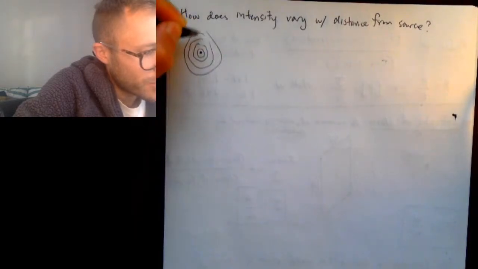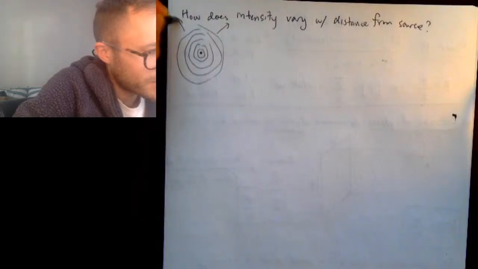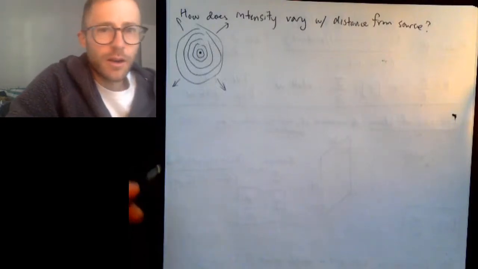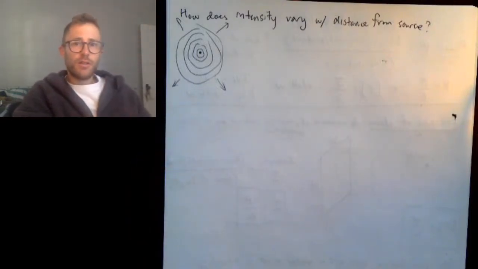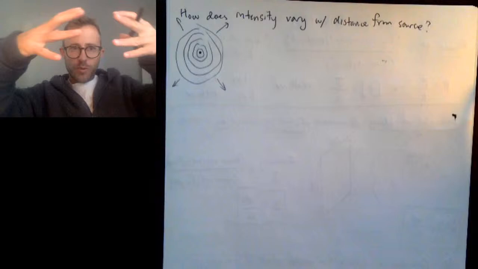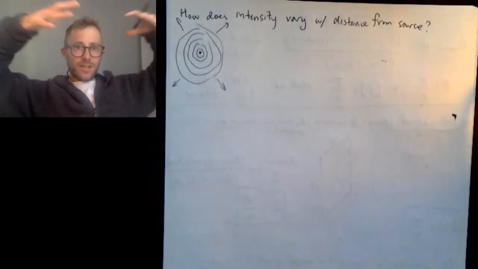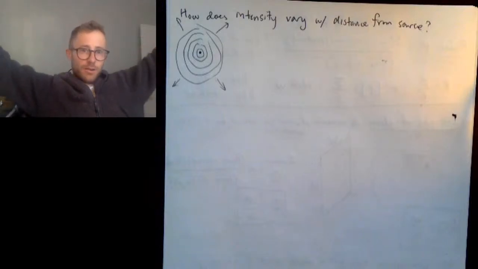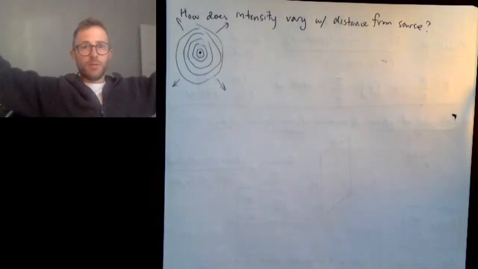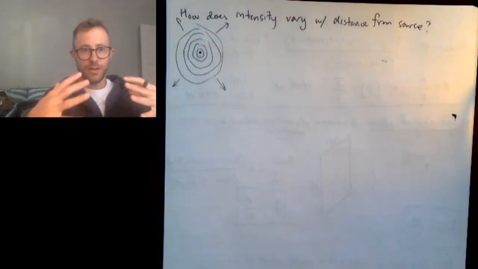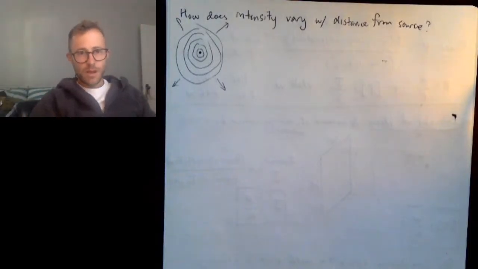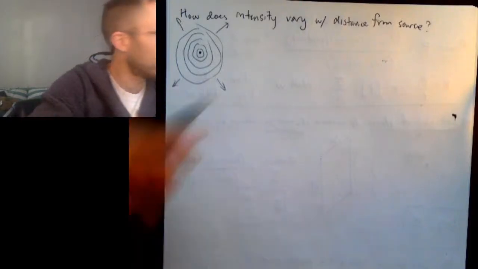So the wave is traveling out in all directions like that. Now, the general idea is because waves are traveling away from the source, they're getting less and less concentrated because they're spreading out into a bigger region of space, okay? So the waves are spreading out. And remember, intensity is like the concentration of energy that a wave is carrying, okay? So as the wave spreads, its intensity drops, okay?